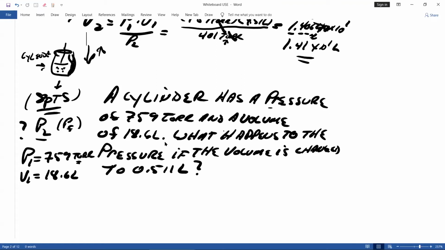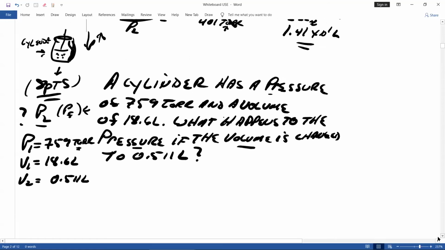And we're trying to find the final pressure, P2, and we're given a final volume. If the volume is changed to V2, 0.511 liters.